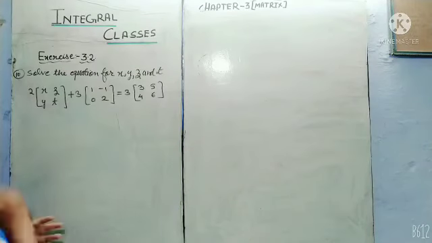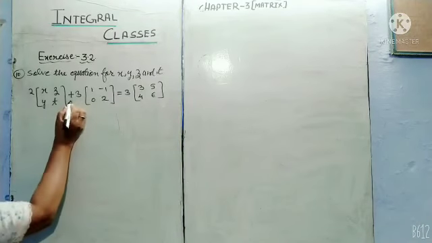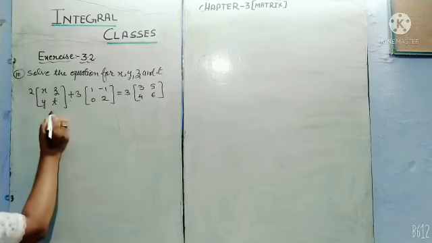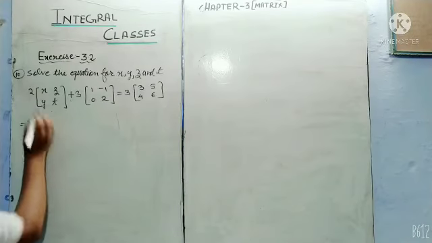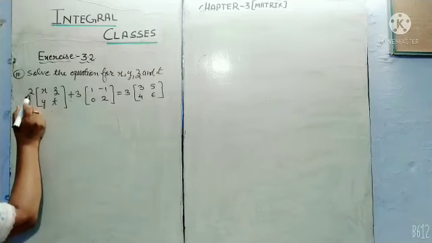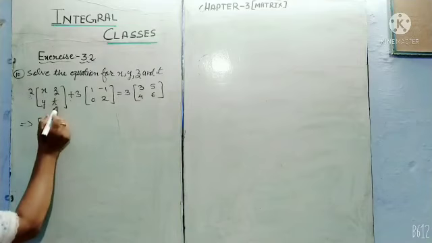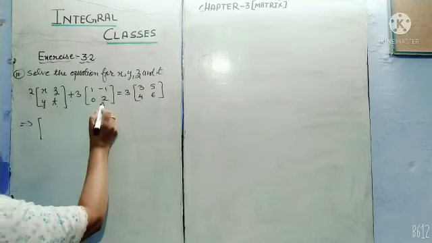Now student, how can we solve this? As we observe, there is a plus sign between these two matrices. So first we will multiply and then add them. It is a scalar property we apply here. It means 2 is multiplied with every element of this matrix and 3 is multiplied with every element of this matrix.